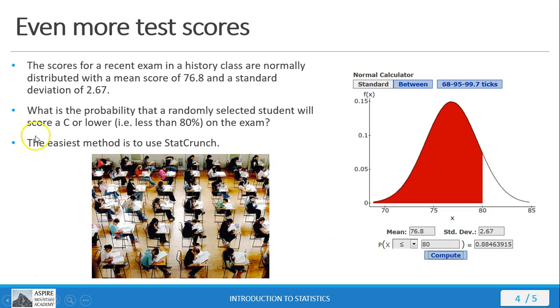Now, if you were to take the probabilities that were calculated for the previous two problems and add them together, you'd get the area that's on this side of your random variable, the area that's not shaded. If I take this 88.5%, subtract it from 1, that gives me the area that's here on the other side. And that's the area that I get when I sum the probabilities from the previous two example problems.